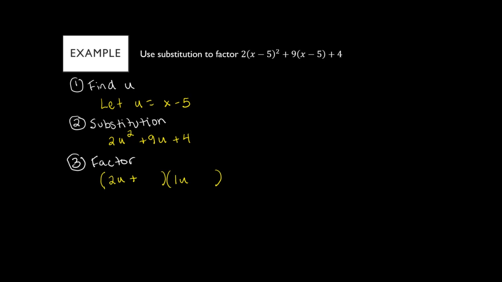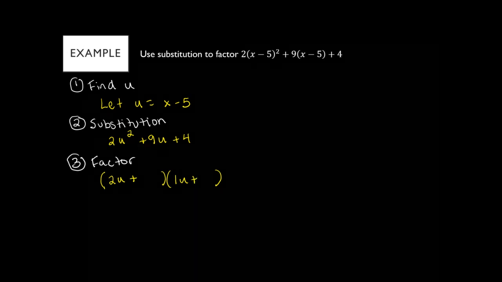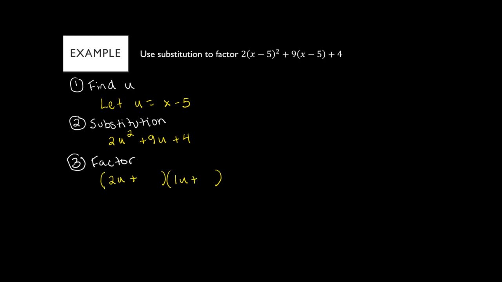That tells me both numbers have to be positive. So I can write those plus signs in there. So now I'm just looking at 2 numbers that multiply to 4, and then the combination has to add to 9. And when I say combination, I'm looking at the outside and the inside numbers. Those have to add to 9.